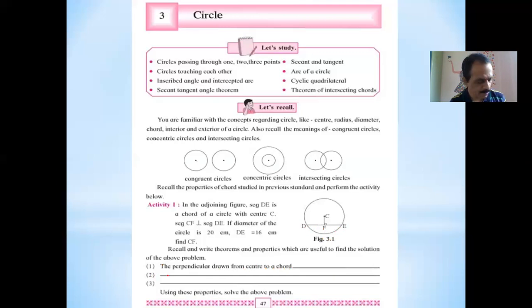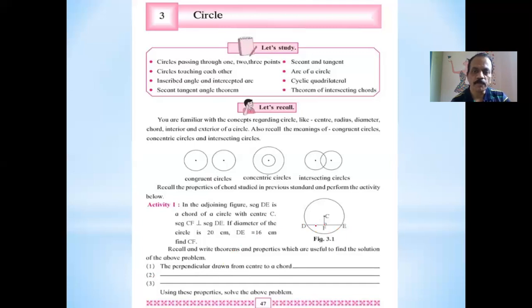Now in the second step we write that the perpendicular from the center of a circle to the chord bisects the given chord, and the foot of the perpendicular F is also the midpoint of the chord. So segment DF is congruent to segment FE.